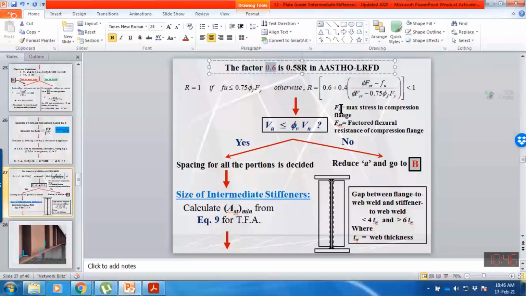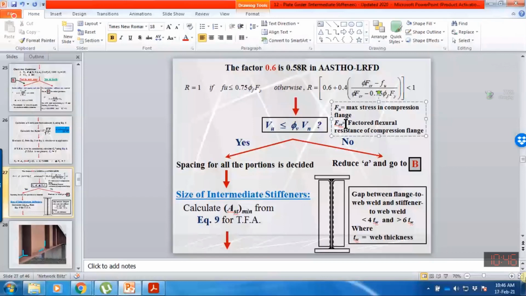And the Fcr value, you might remember, when we computed the flexure capacity of the plate girder in proportioning of plate girder, is based upon lateral torsional buckling or flange local buckling, whichever is the lesser.